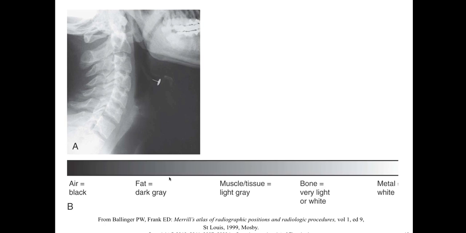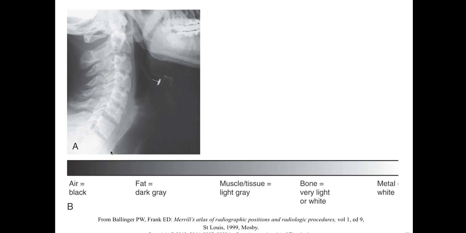So here is an X-ray image of someone who got a thumbtack stuck in their larynx, it looks like. We can see that here in black is where we have air, or we have fatty tissue, so it is turning up black or a dark gray. So in these regions would be a darker gray.